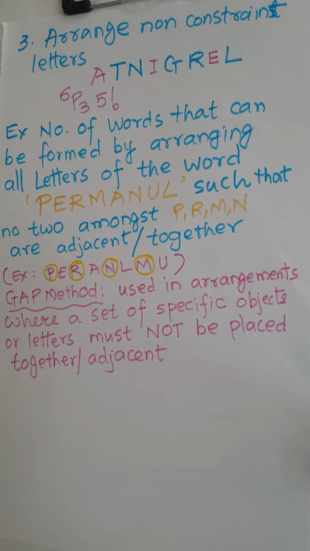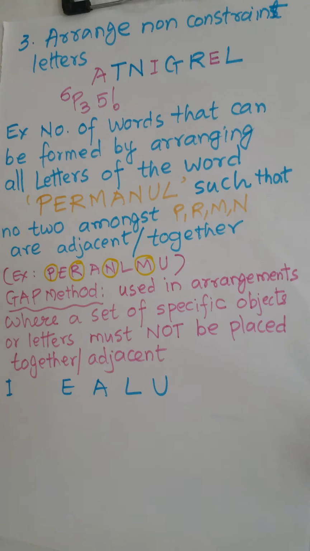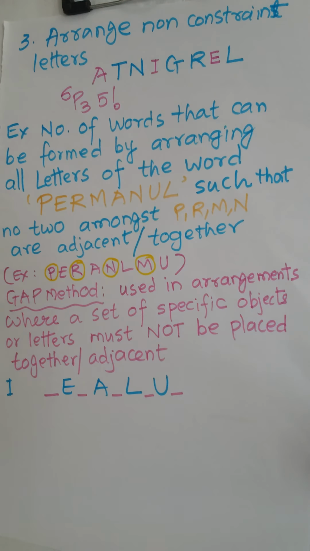What should be our answer? The first step is to write the non-constraint elements, which are the remaining ones, E, A, L and U, which I have written like this. The second step is to create gaps like this. There were 4, so how many gaps are created?